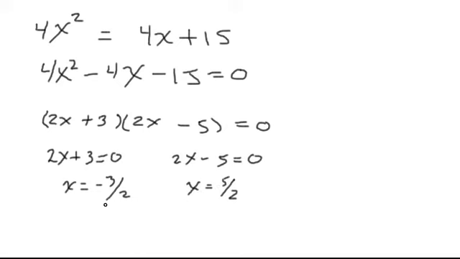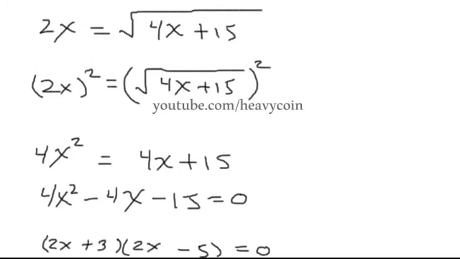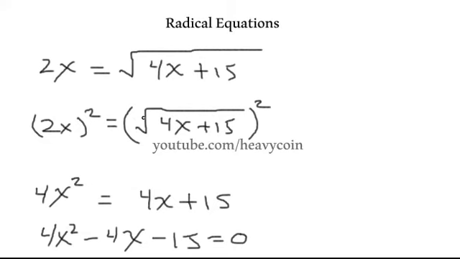So the question is, are these solutions? Now there's a reason why I've been going back and checking our answers, because we could come up with a possible solution, but it may not work. Take for example negative 3 halves.